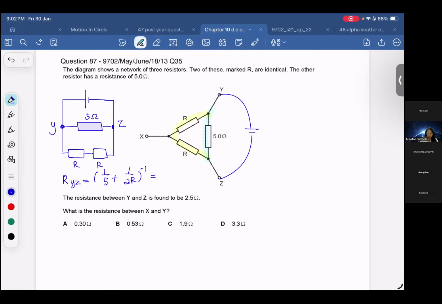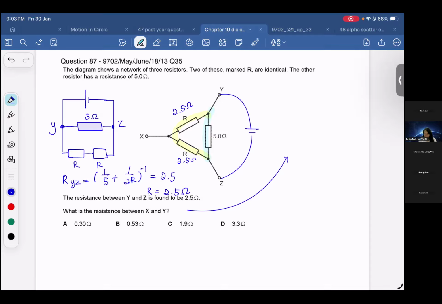This one will equal 2.5 because it said that the total resistance between these 2 points. So you have to rearrange the circuit. At the end, you will get the resistance is 2.5 ohm. So this one is 2.5 ohm. Here is 2.5 ohm.